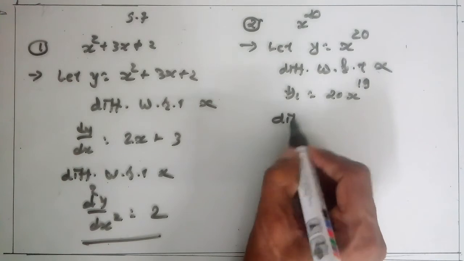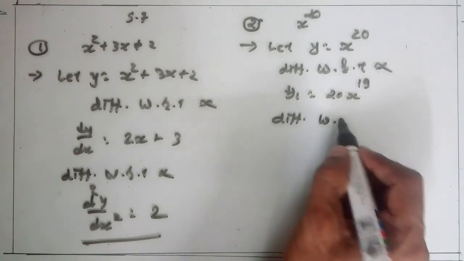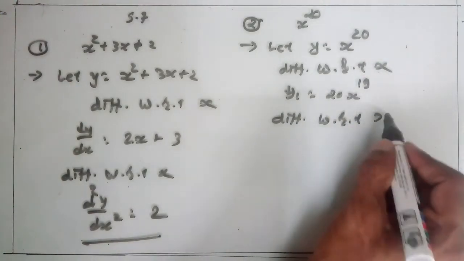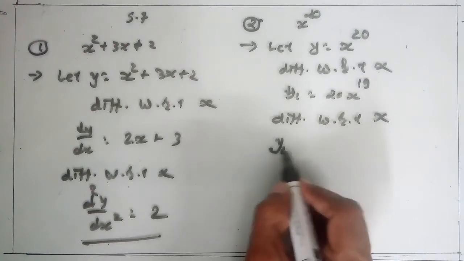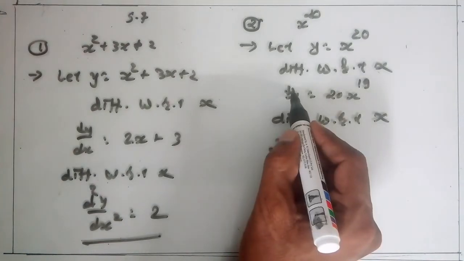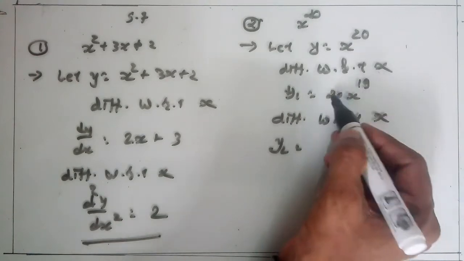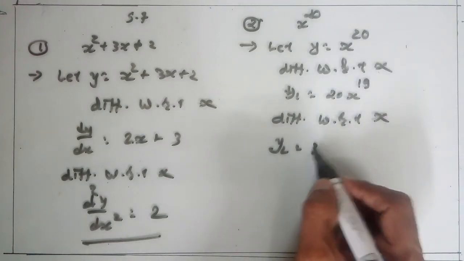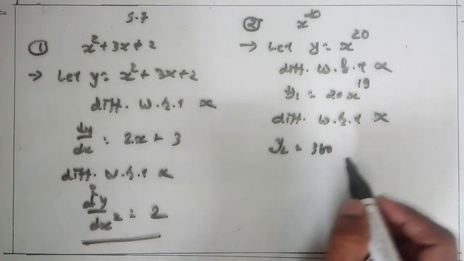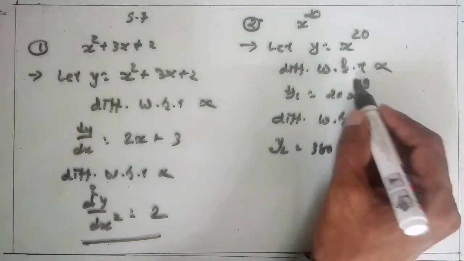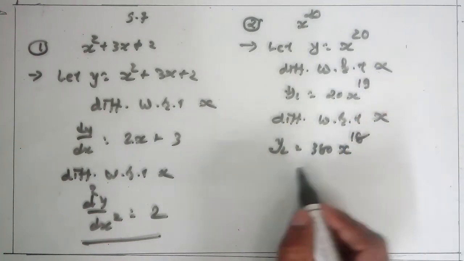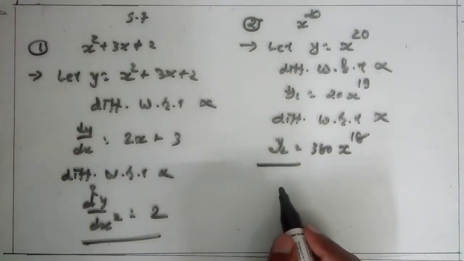Now differentiate with respect to x a second time. So we get y2, derivative of y1. y2 = 19 into 20, that is 380, x^(19-1), that is x^18. This becomes the second order derivative.